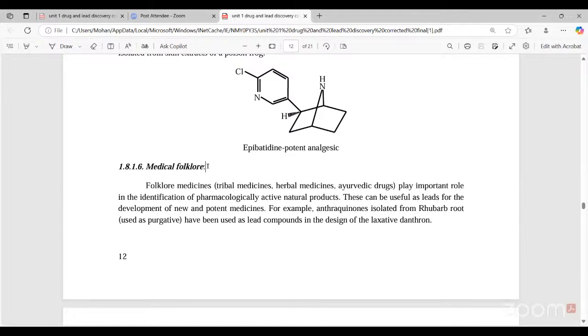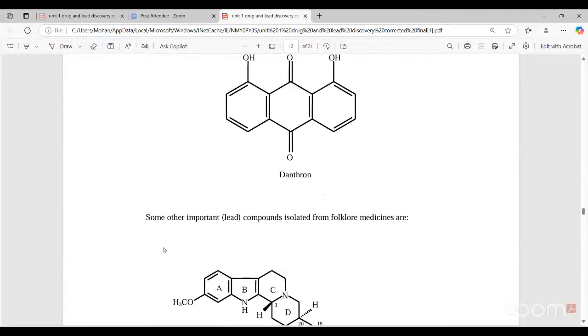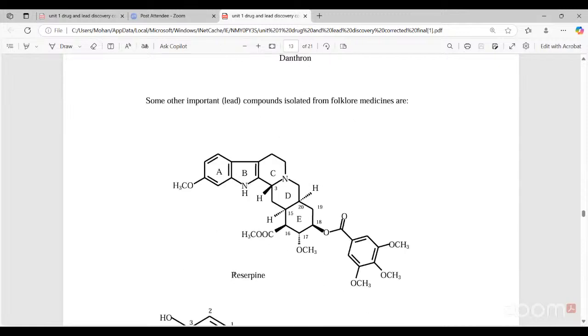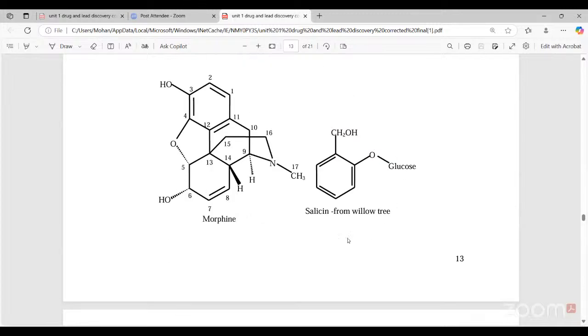For example, anthraquinones isolated from rhubarb roots have been lead compounds. Some other important lead compounds are reserpine, an antihypertensive drug, and morphine, an opium drug.